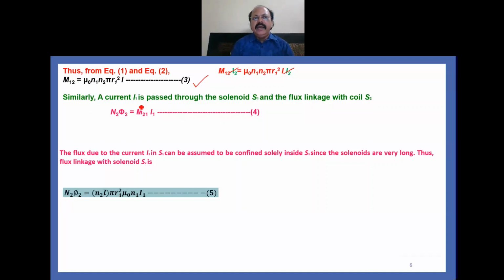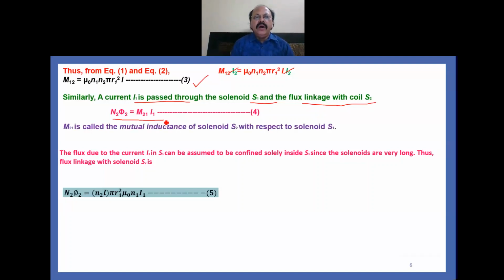Similarly, when a current I1 is passed through the solenoid S1, then the flux linked with the solenoid S2 becomes N2 phi 2 equal to M21 I1, where M21 is called the mutual inductance of solenoid S2 with respect to solenoid S1.